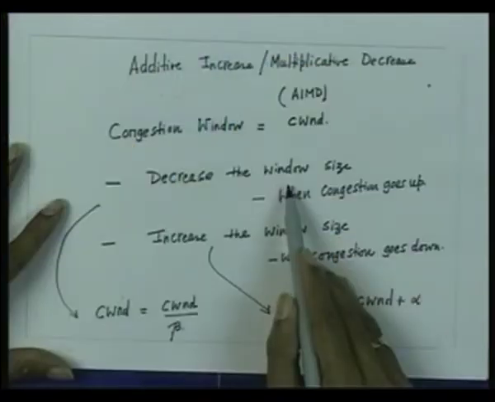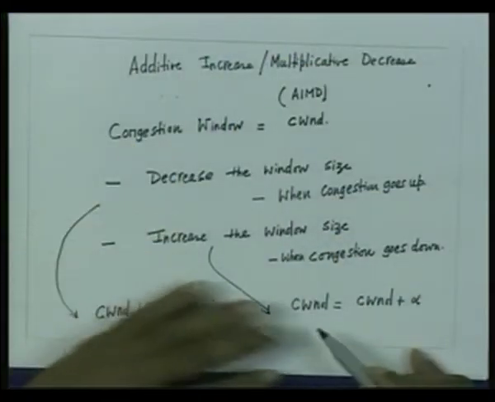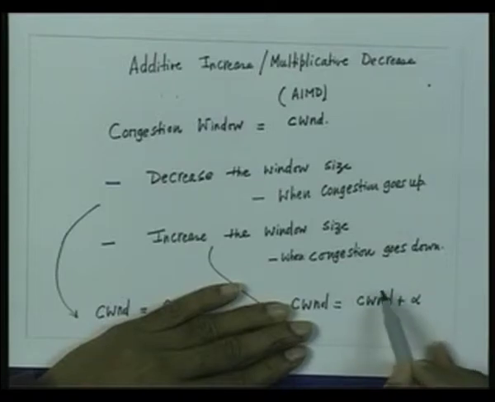So we say that the congestion window is following an additive increase and multiplicative decrease. You are decreasing the window size by half, so beta is equal to 2, and you are increasing the window size by 1 when the entire window has been acknowledged.